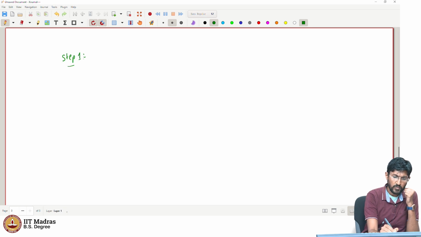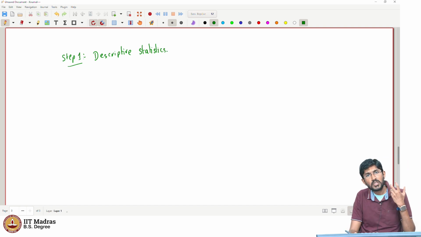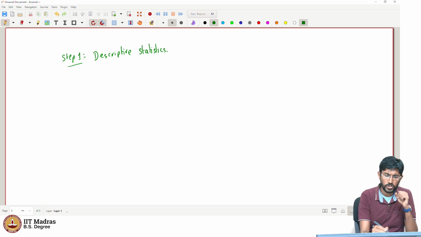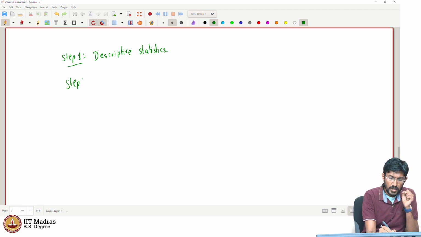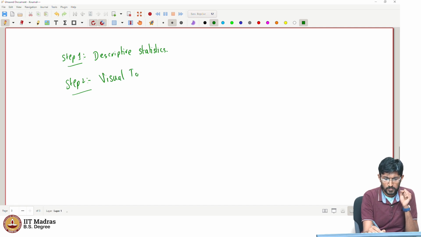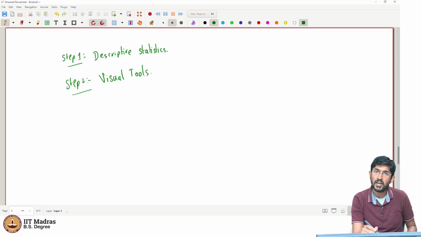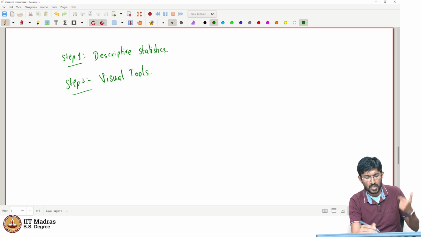In step 1, we are going to get descriptive statistics, and using these descriptive statistics, we are going to narrow down on some possible candidates for the population distribution. In step 2, we are going to use visual tools to further check whether what we identified in the descriptive statistics matches what we get through visuals.